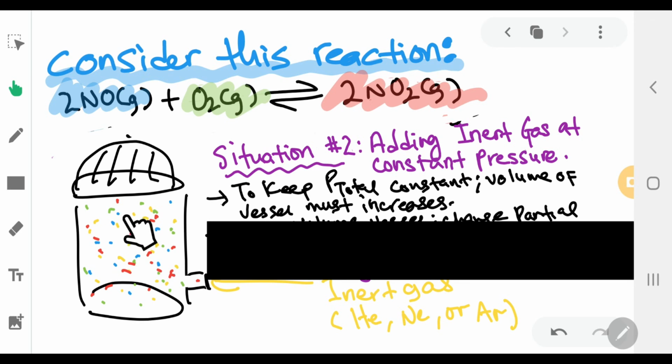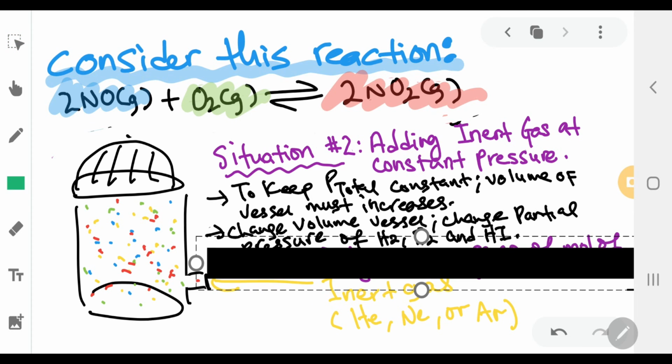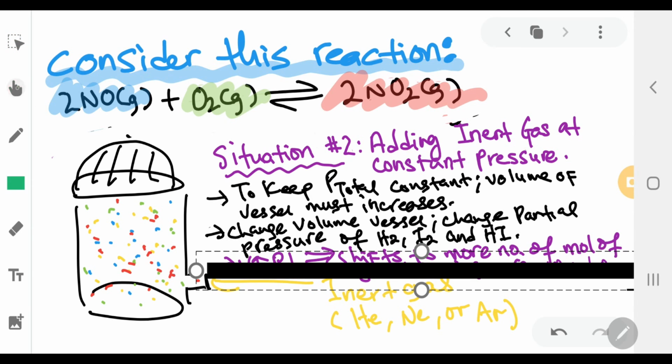So when you change the volume of the vessel, what will happen? When you change the volume of the vessel, you will change the partial pressure of these gases.